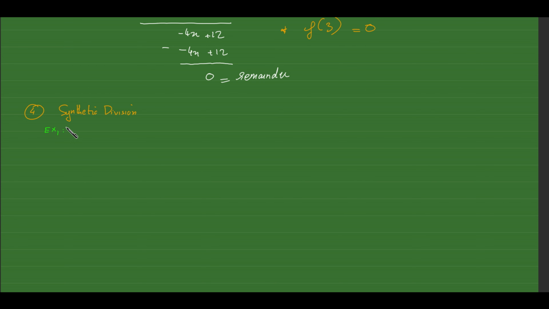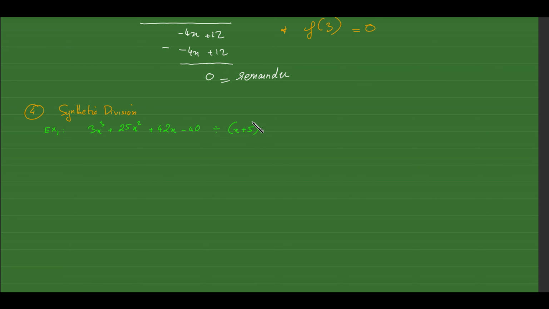I want to divide the polynomial 3x to the third power plus 25x squared plus 42x minus 40 by x plus 5.